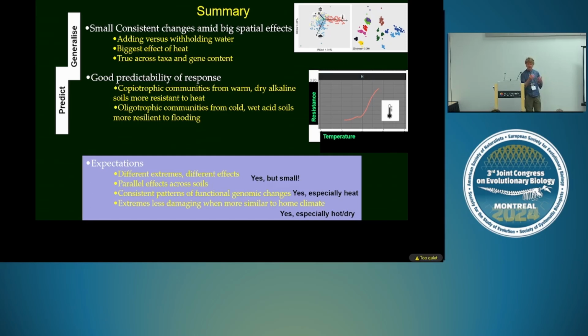So it does work, but because of that huge spatial effect, it is consistent. So I could have painted that first NMDS plot by the pH of the soils, and that would have made it clearer, because they are very much distinguished by those biogeographic features of the soils.